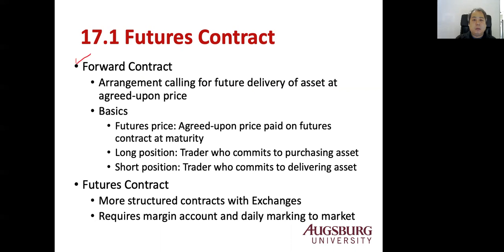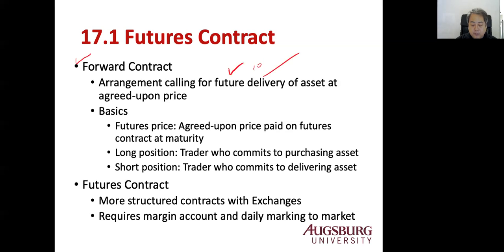If they agree on, say, $30 per bushel as a price, then they got a forward contract. So they agree on future delivery. If there's a delivery date, suppose, say, October 30th, as an example.